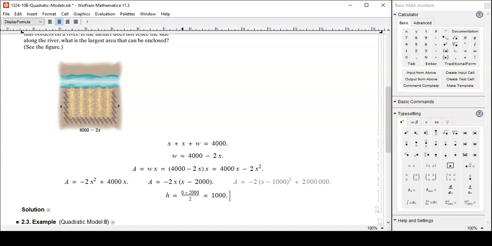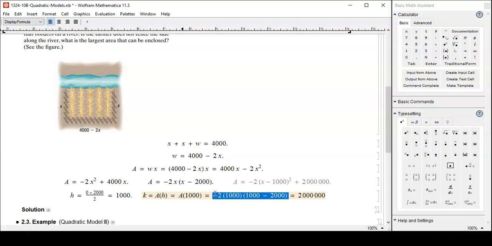Okay, and then the k value is a of h, so a of 1000. Let's plug in 1000. Negative 1000, negative positive. 1000 times 1000, 1 million times 2, so it's 2 million.